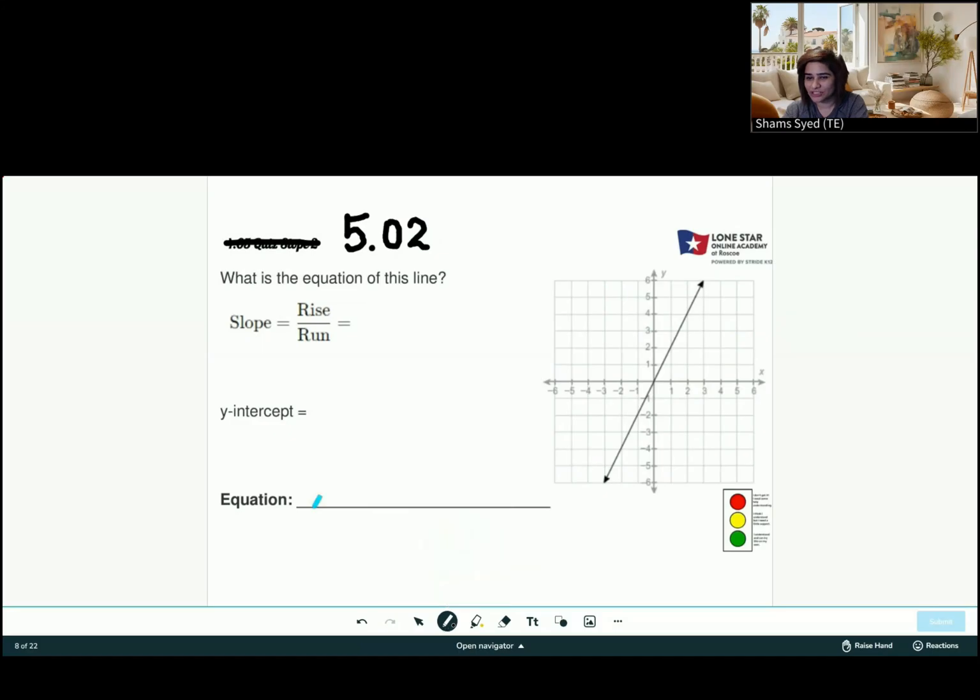Equation means y equals mx, this is m, our slope, plus b, our y-intercept. Can you guys tell me what is going to be the y-intercept b?